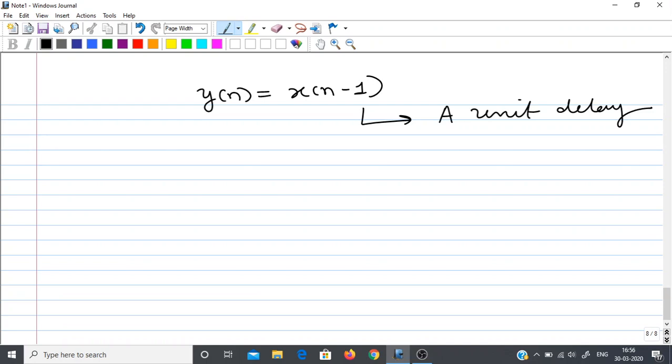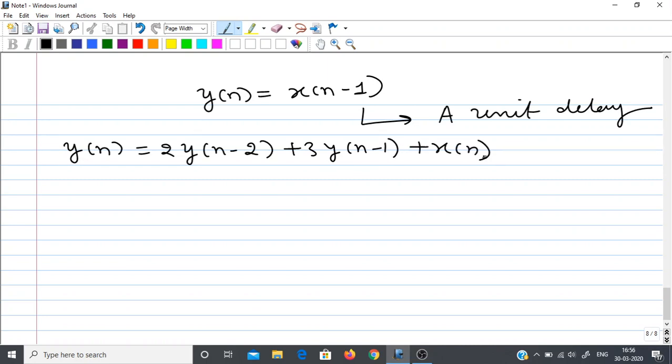In general, this input-output relationship can be expressed in the form of a difference equation, or in the form of a differential equation if the system is continuous time. So for example, y[n] = 2y[n - 2] + 3y[n - 1] + x[n].